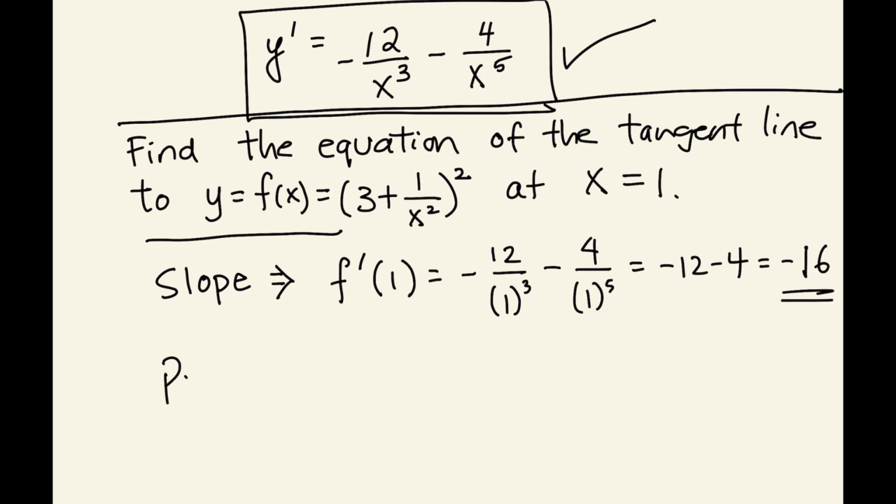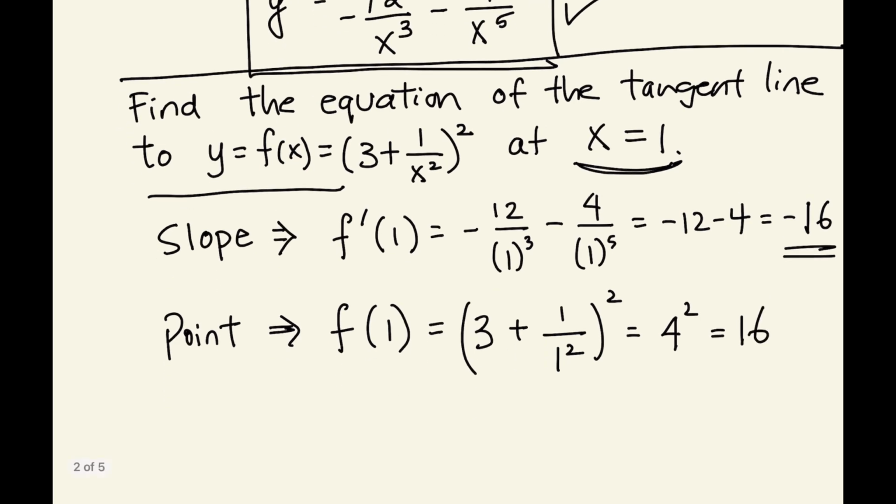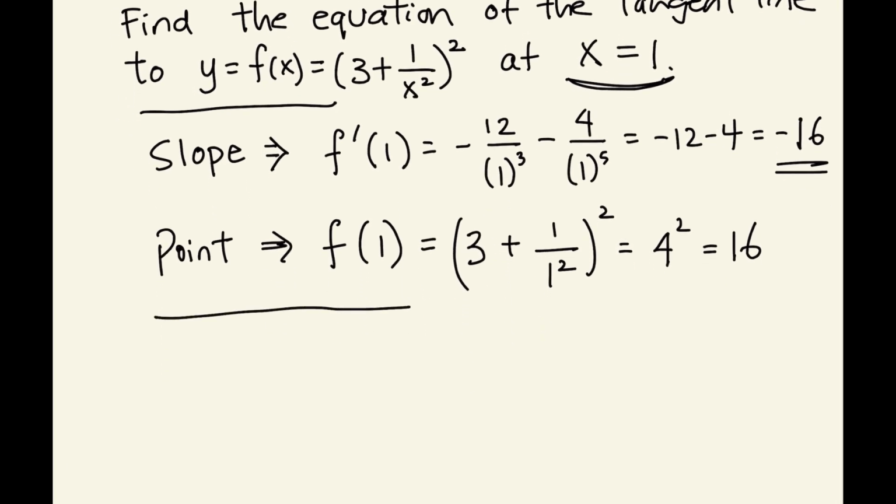We also need a point that the tangent line passes through. Fortunately, if x is equal to 1, we can just plug that into our function. So we have 3 plus 1 over 1 squared, which is 4 squared, which is 16. Once I know this, I can use point slope form for the line.